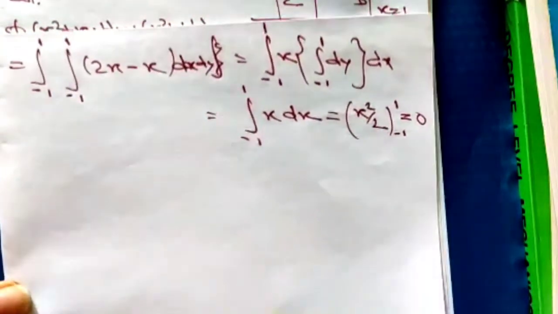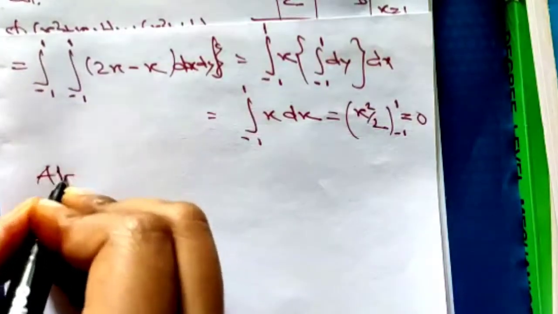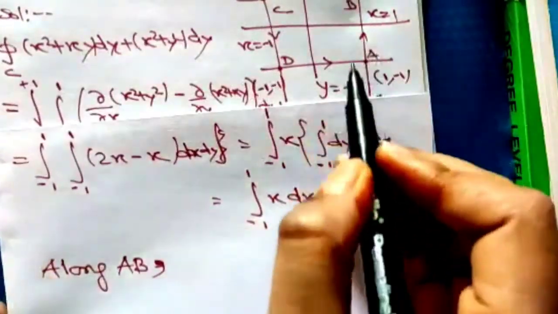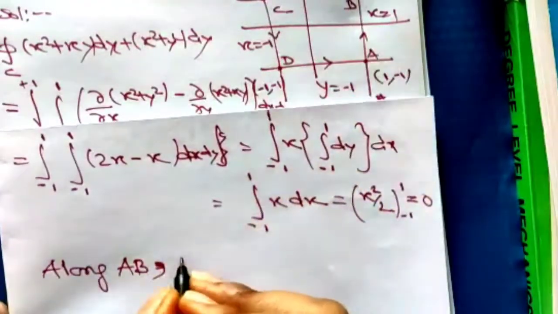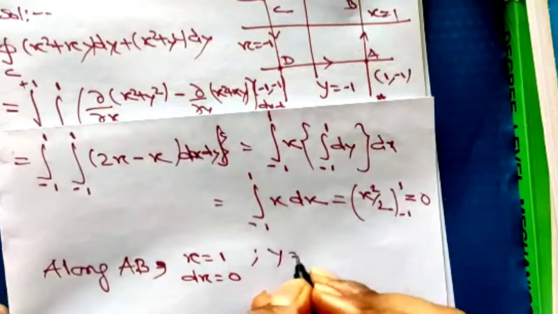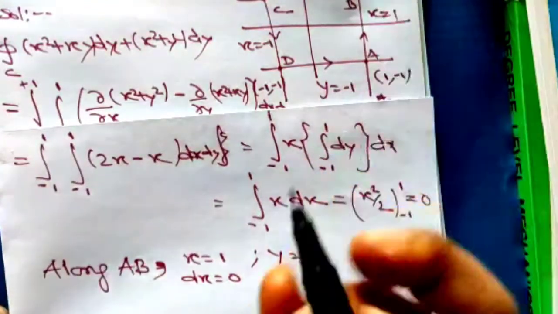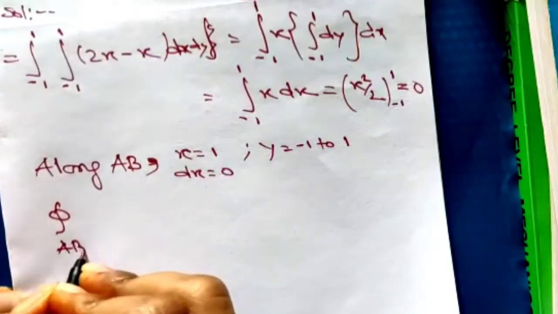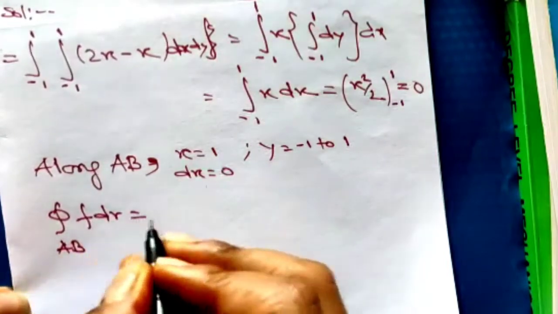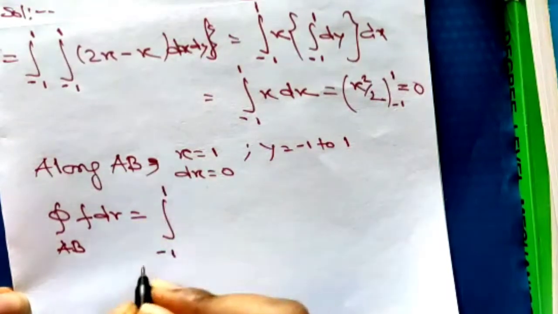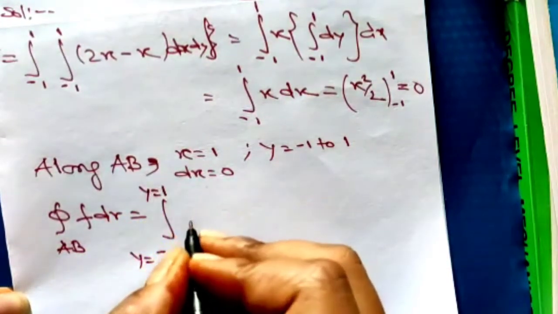So look here, along AB. If you see along AB, the coordinate x is equal to 1, that is constant, it is not changing, so dx is equal to 0, and the coordinate y is changing from -1 to 1. So along AB, the integral of F dot dr, with y from -1 to 1.